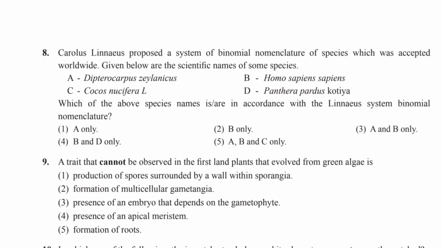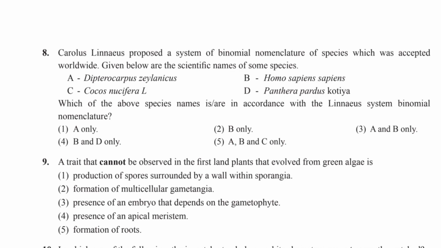Right. Now here in this question, Carolus Linnaeus proposed a system of binomial nomenclature of species which was accepted worldwide. Given below are the scientific names of some species. A. Dipterocarpus zeylanicus.